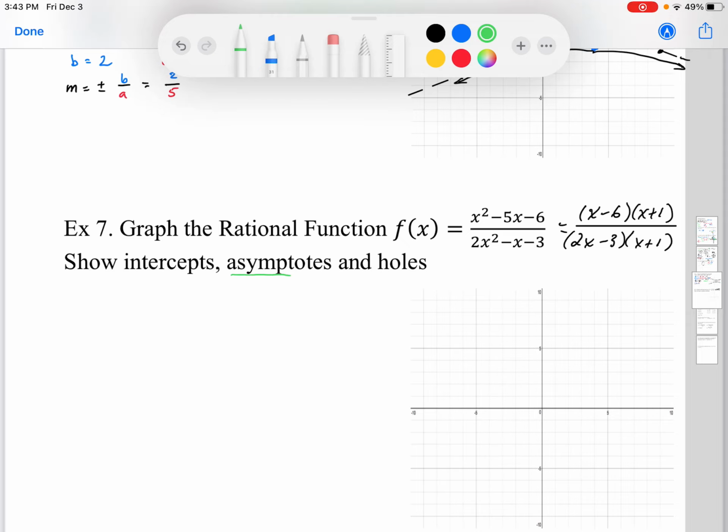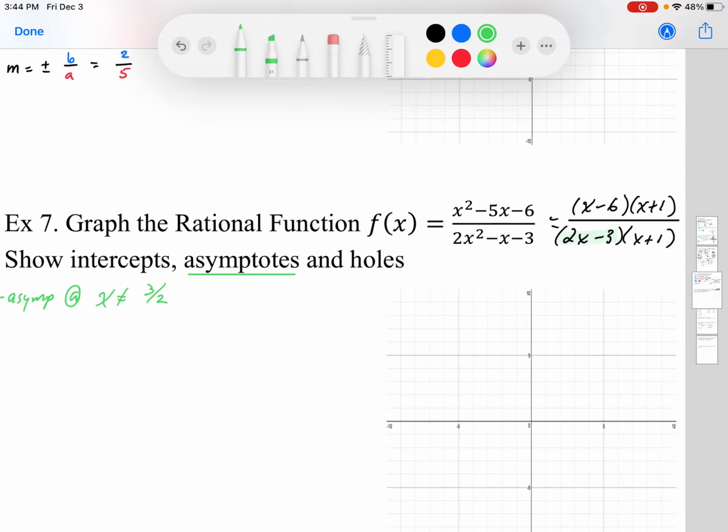So I'm going to start with the asymptote. The asymptote is going to be from the factor that doesn't cancel, which is, sorry, 2x minus 3. So the vertical asymptote is at x equals positive 3 over 2.